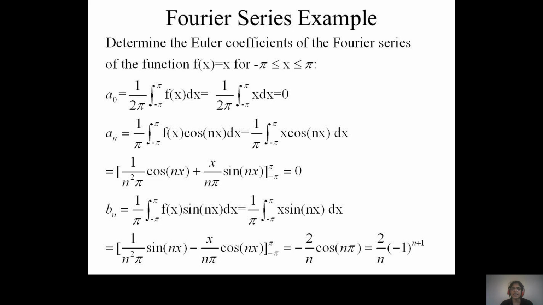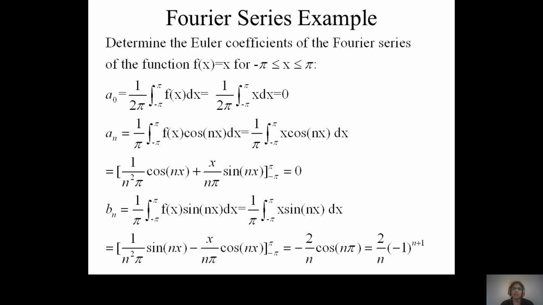Same thing in terms of an: you have to find 1 by pi integral from minus pi to pi, f of x is x cos nx dx. So that is equal to 1 by n square integration, n square by pi cos nx plus x by n pi sin nx, from minus pi to pi, that is equal to 0.